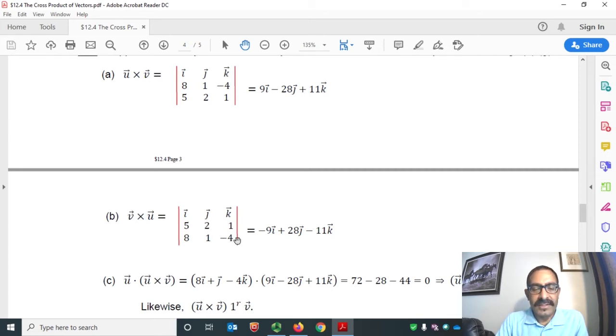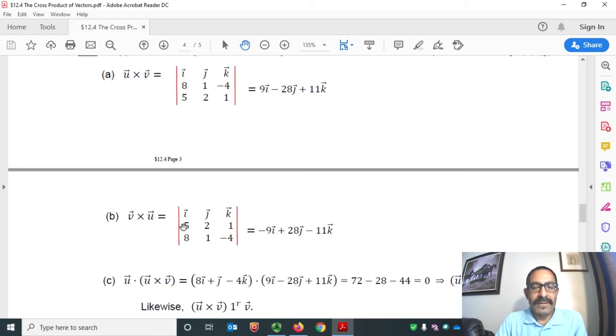Let's multiply diagonally. 2 times -4 is -8. Then from the formula minus, 1 times 1 is 1. So -8 minus 1 is -9i. Next, minus j, then cross out the second column and the first row.